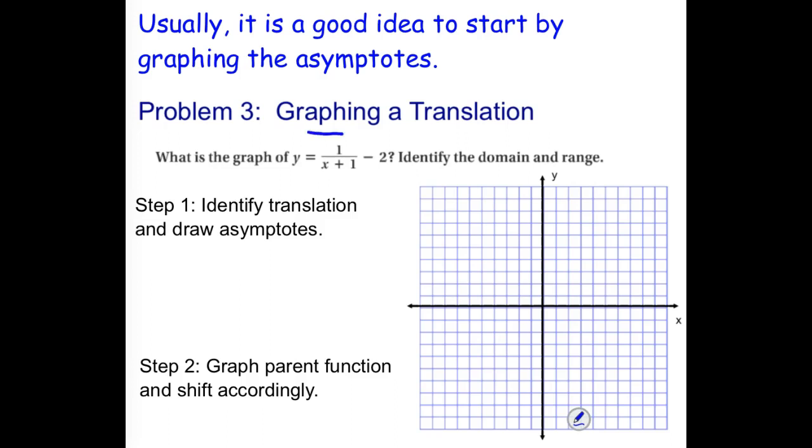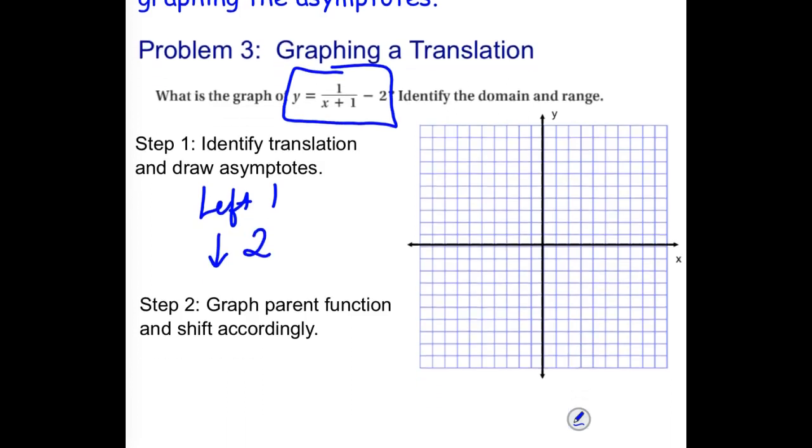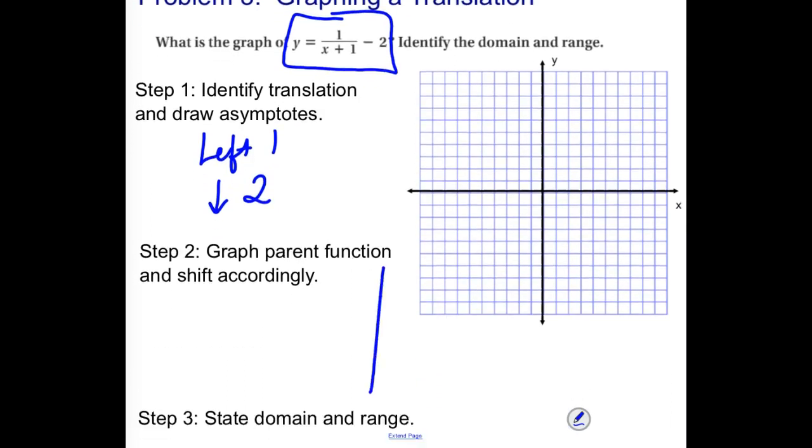Based on my equation, what kind of transformations have we done? We've shifted it, translated it left 1 and down 2. Okay? We are going to start out by graphing the parent function, y equals 1 divided by x. Again, we're going to just choose those 3 values and their positive versions that we had on our last example.